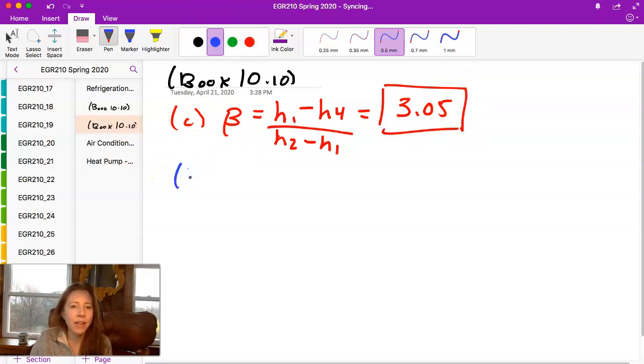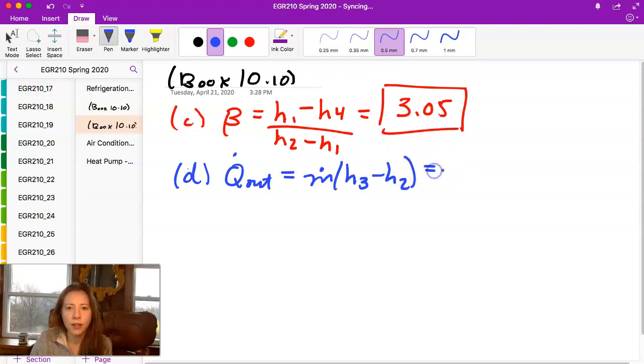For D, we now have to determine the entropy production. So Q dot out is equal to M dot H3 minus H2, which is going to give us minus 267.64 kilowatts.